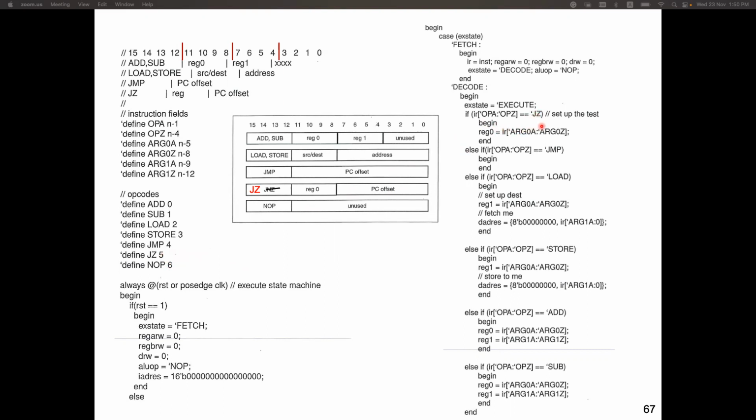This is simple. Then, if it's jump 0, we set the register 0 address to bit 11 to bit 8 of this instruction. That's the address of register 0.